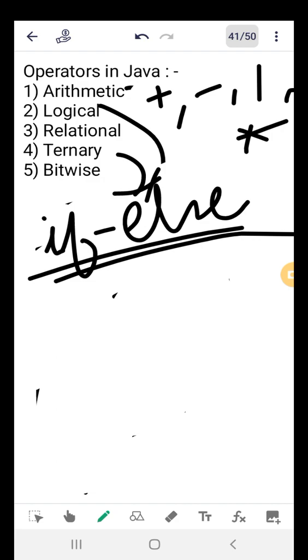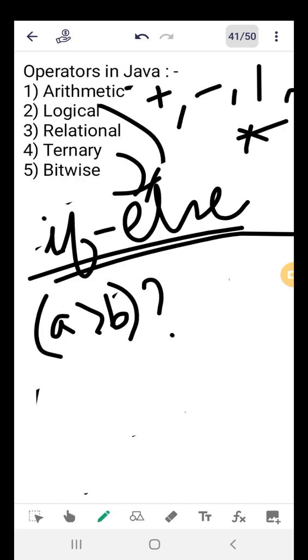For example, the syntax is just the condition. Here is the condition, whatever condition is in between. For example, a is greater than b, then we give a question mark, then a space, and we write what will happen.